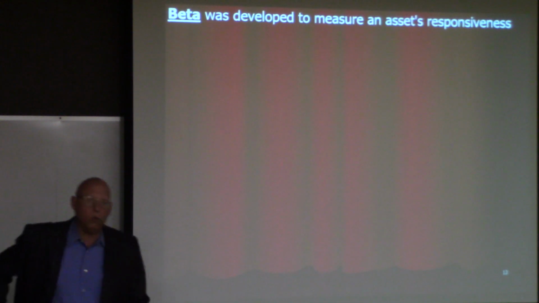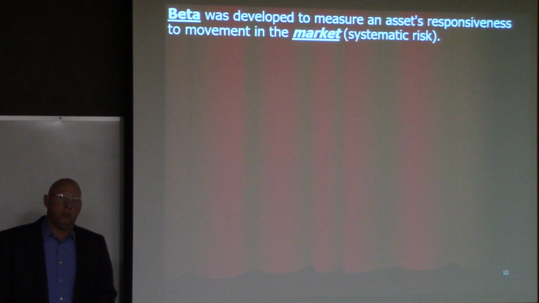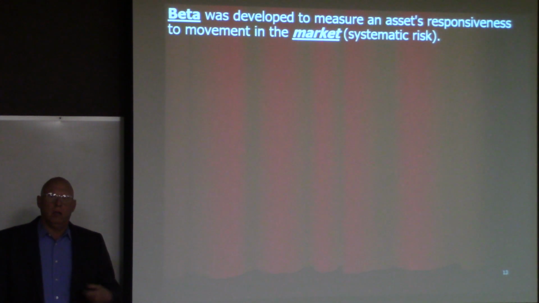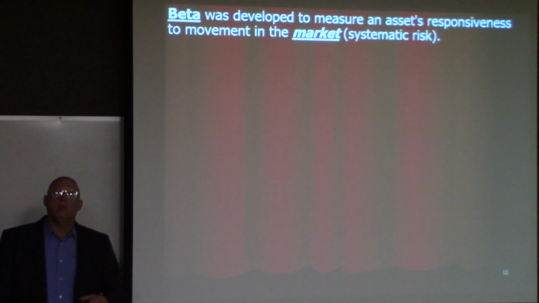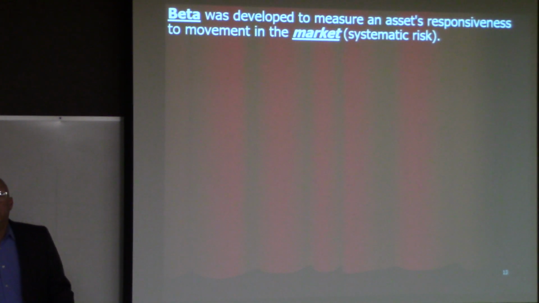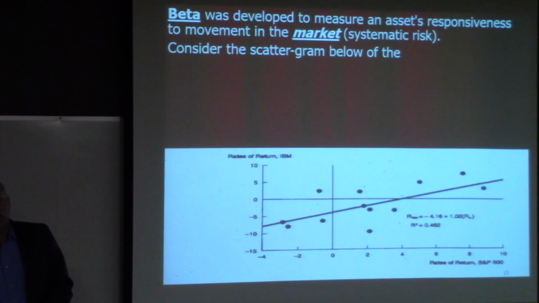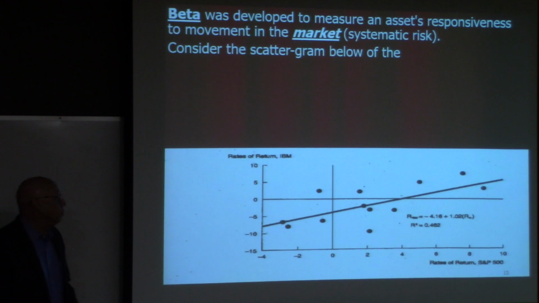Beta was developed to measure an asset's responsiveness to movement in the market. This is systematic risk. How does a specific security move in relation to the overall market? Let's look at the scattergram below.